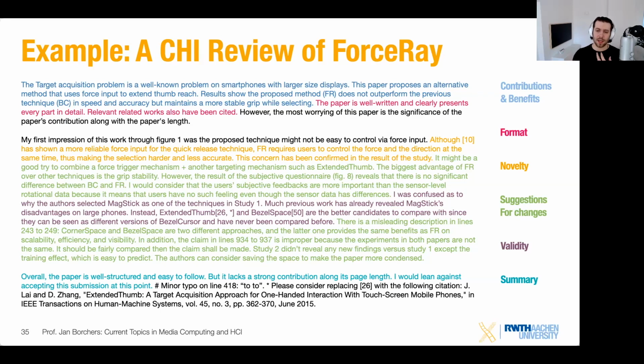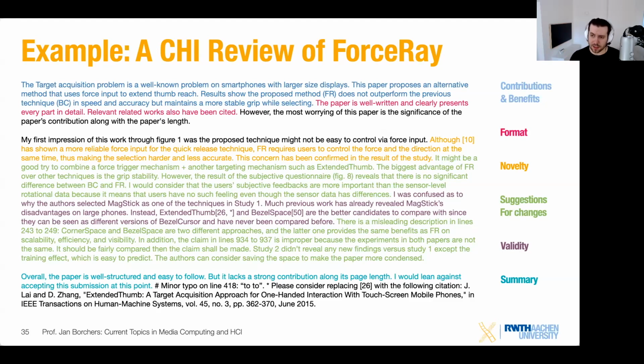Which again means that we are here in HCI, which contains the whole H, the human part. It's pretty cool that you made a technique which technically improved the stability, but people do not perceive it as more stable. So is this then even a good technique if users are not aware that it's a better technique? This is a point up for discussion, and they're putting their viewpoint out on this.